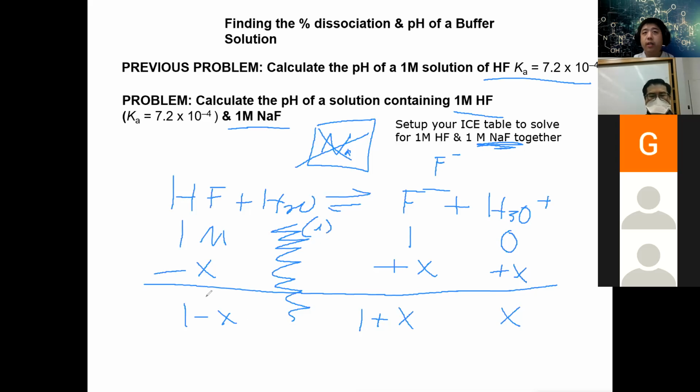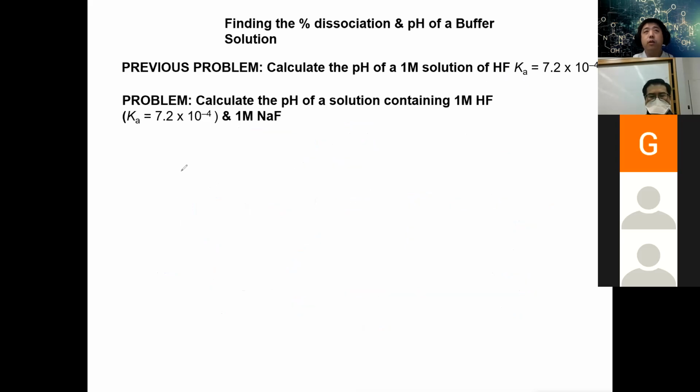Now that we get to here, 1 minus x, 1 plus x, and x, is it okay if I clear the screen? Okay, so let's plug this in. I have my Ka. I'm not going to write the number in because we know what it is. I set up my product over reactants: 1 plus x times x over 1 minus x.